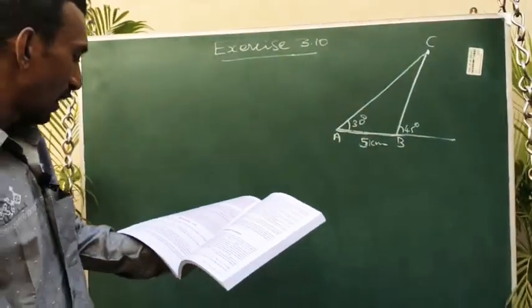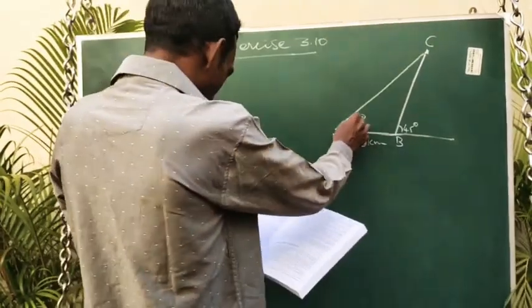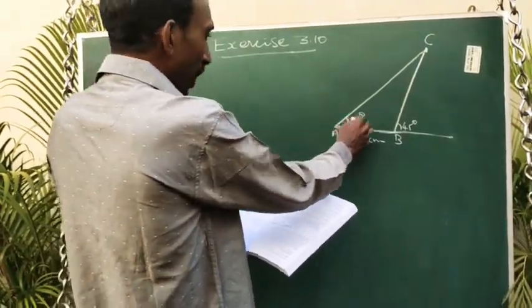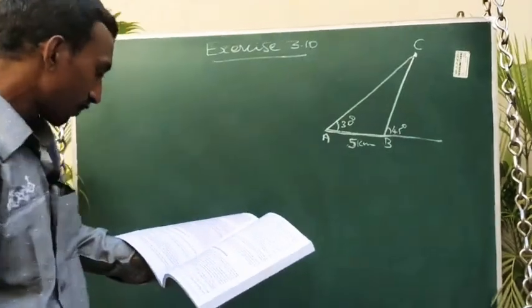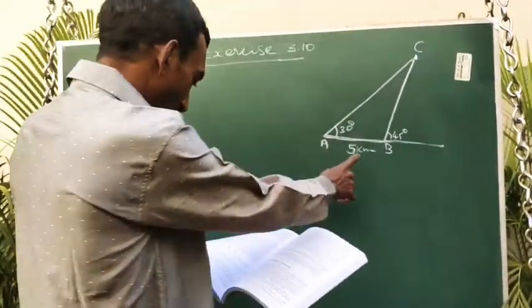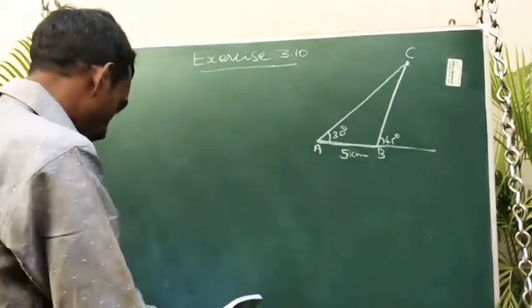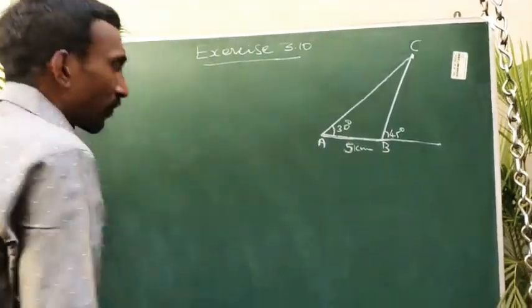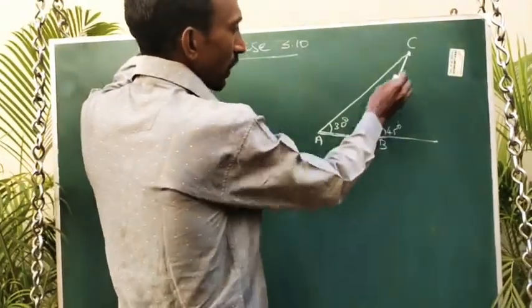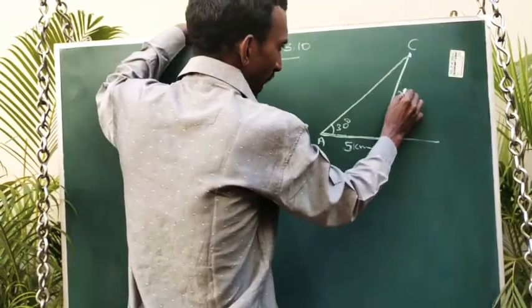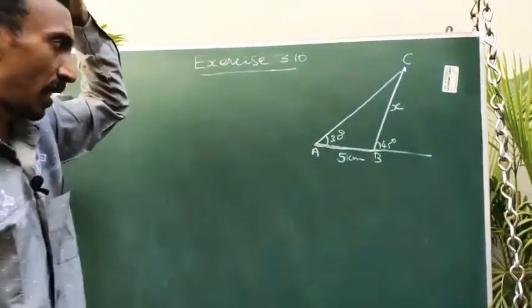The angle of elevation of the intruder from A is 30 degrees and from B is 45 degrees. If A and B are 5 km apart, find the distance of the intruder from B. Take it as X. So we need to find X.